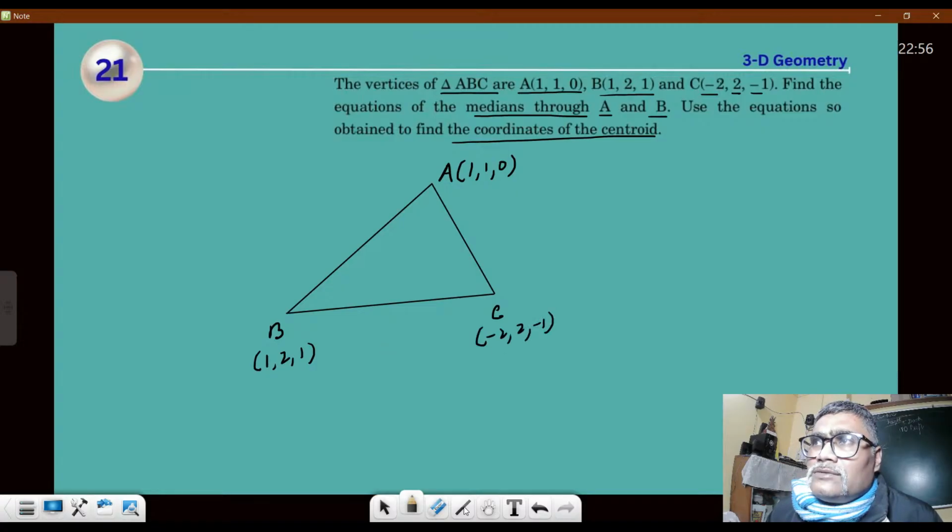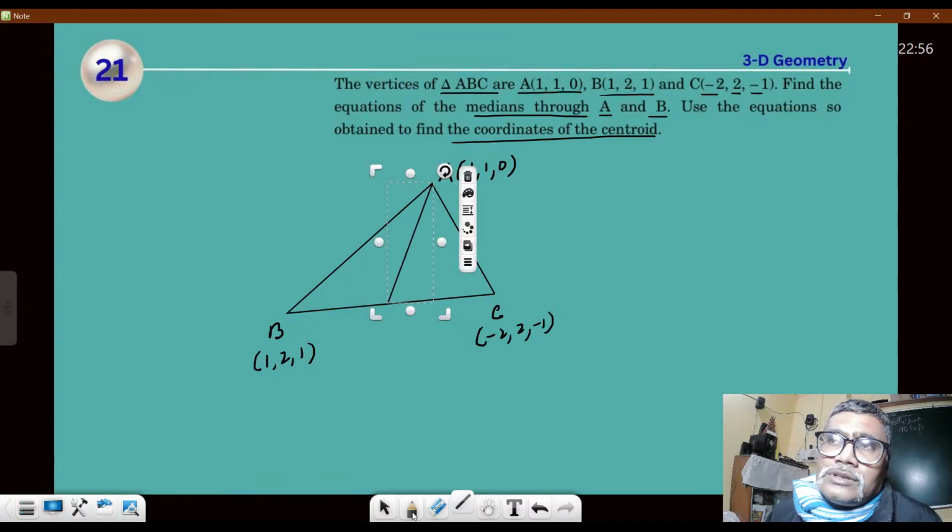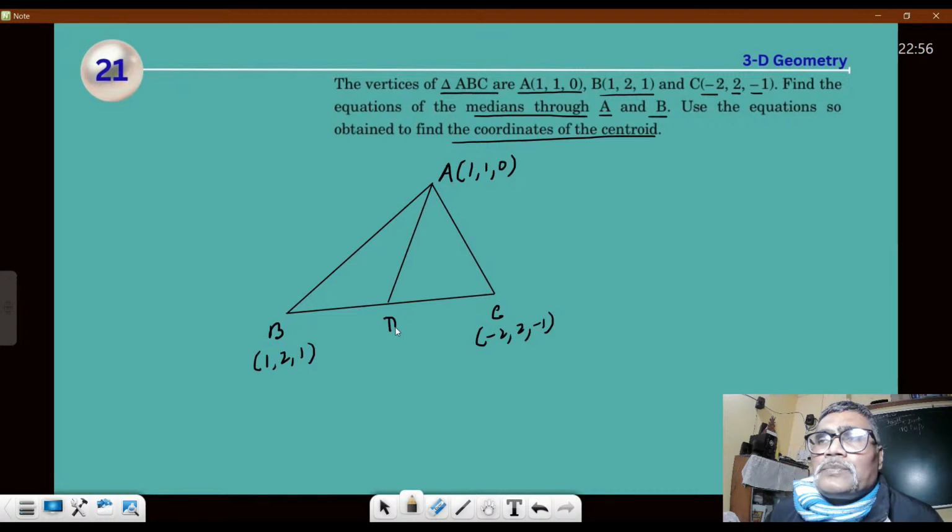So what I need to find is the median from A to the opposite side. So now here you have to recall what a median is. A median means the line segment joining the vertex of a triangle to the middle point of the opposite side. Because you know these two coordinates, you can easily find the middle point of this, right?